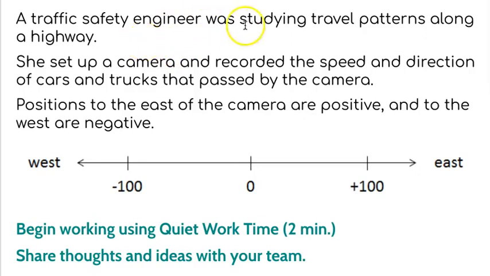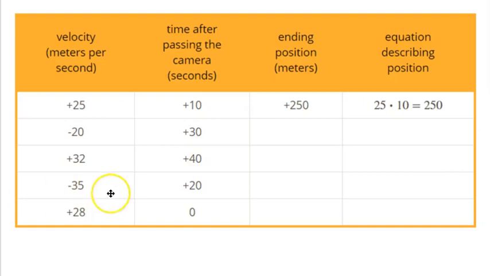So we have a traffic safety engineer studying travel patterns along a highway, who sets up a camera and records the speed and direction of cars and trucks that pass by the camera. The positions to the east of the camera are positive, and the ones to the west are negative. All right. So what do we get with some of these results?